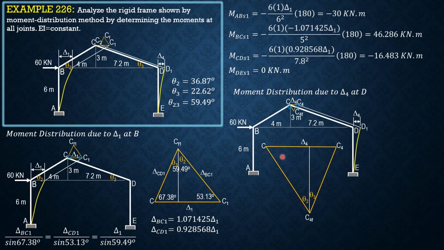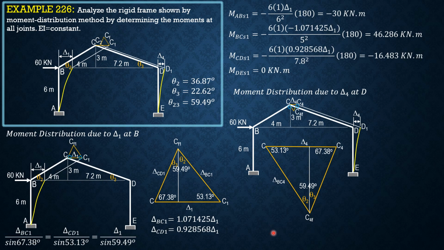Therefore, this is 90 minus theta 2, 53.13 degrees. This angle is 59.49, and this angle is 67.90 minus 22.62, so 67.38 degrees. And this is 59.49 degrees.